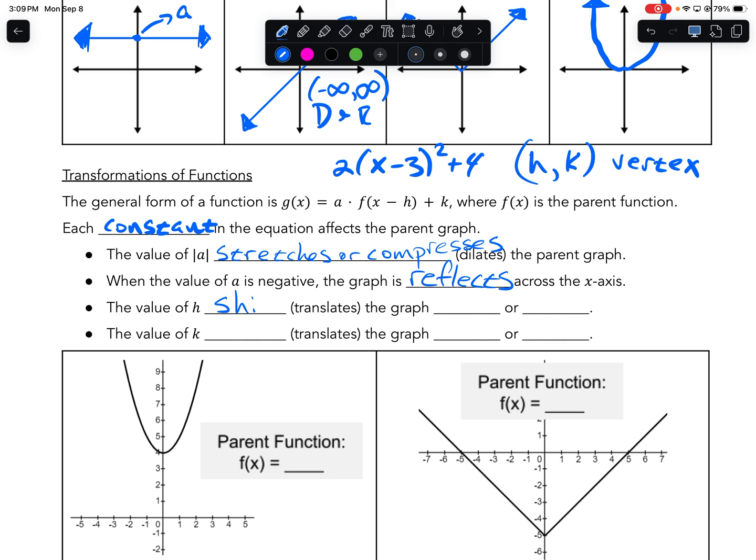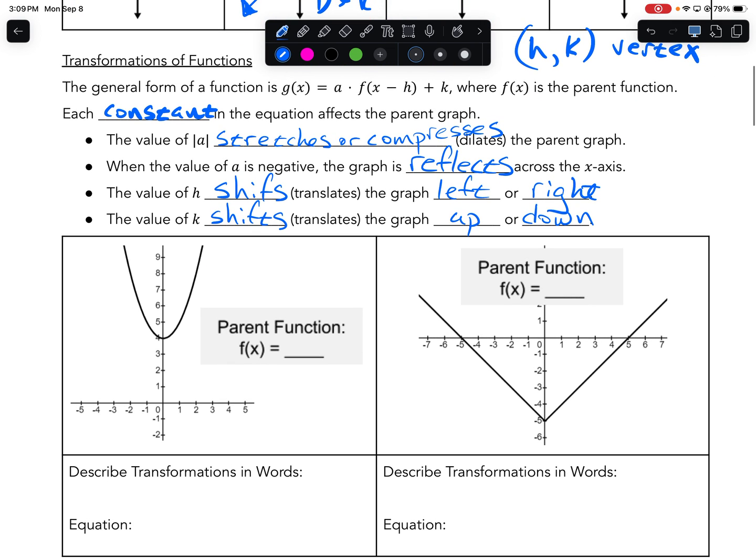The value of h shifts the graph left or right. We went over all this on Friday, right? Just reminding you. The value of k shifts the graph up or down. I'll let you get caught up.